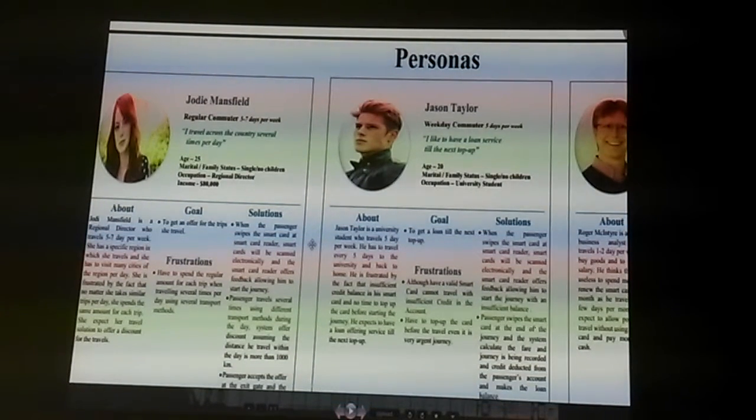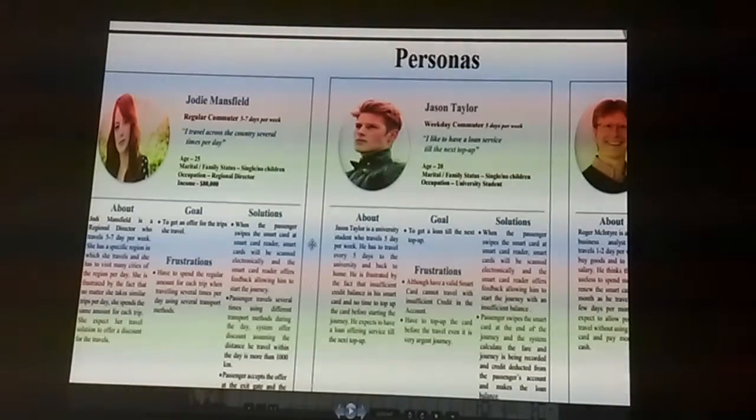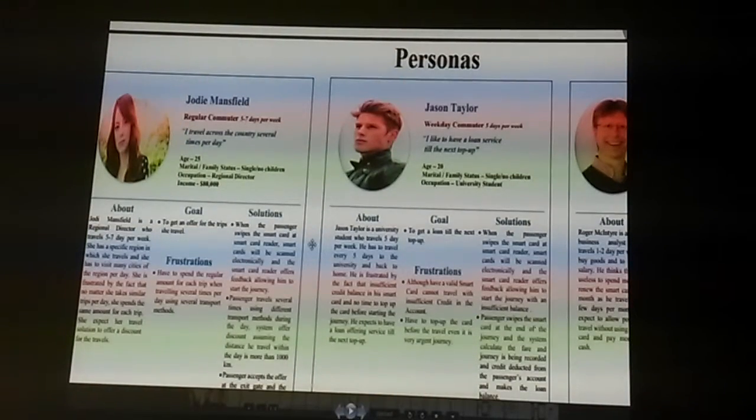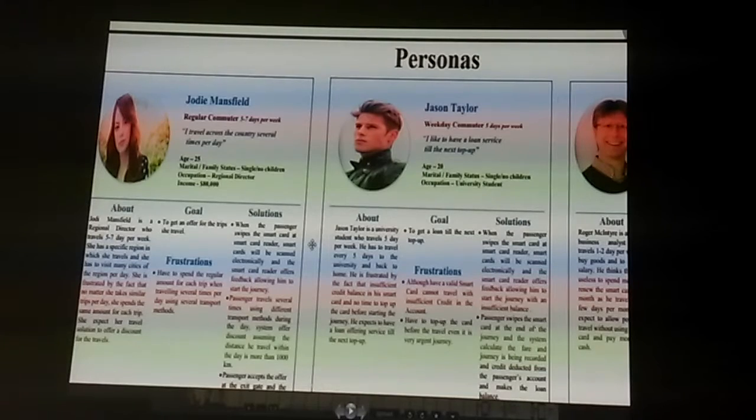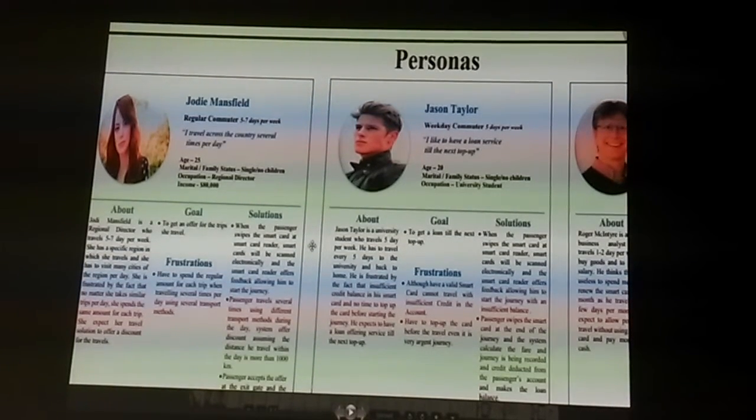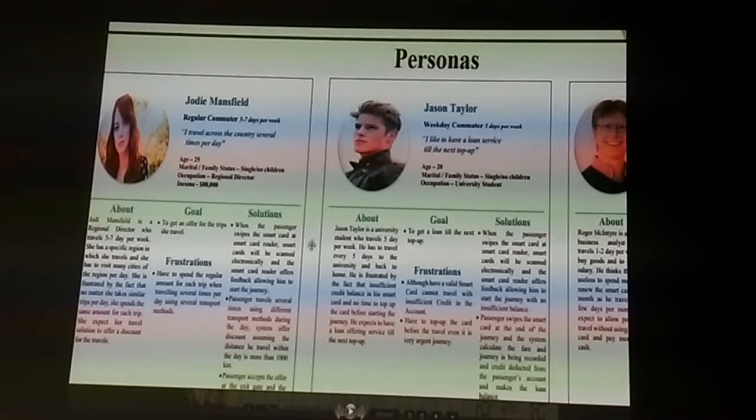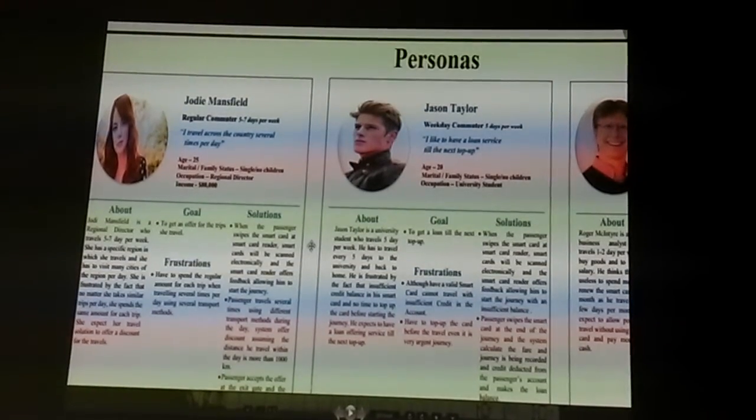These are the system personas. As you can see, there are three main characters. The first one is Joan Mayfield. She is a regular commuter. She travels 5 to 7 days per week using our system.